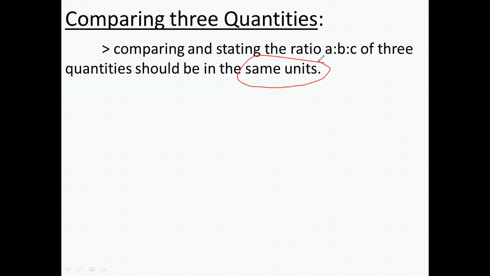Okay, 1 kilogram equals how many grams? Kilo means 1,000. So 1 kilogram equals 1,000 grams. All right. How many hours in 2 days? 48.